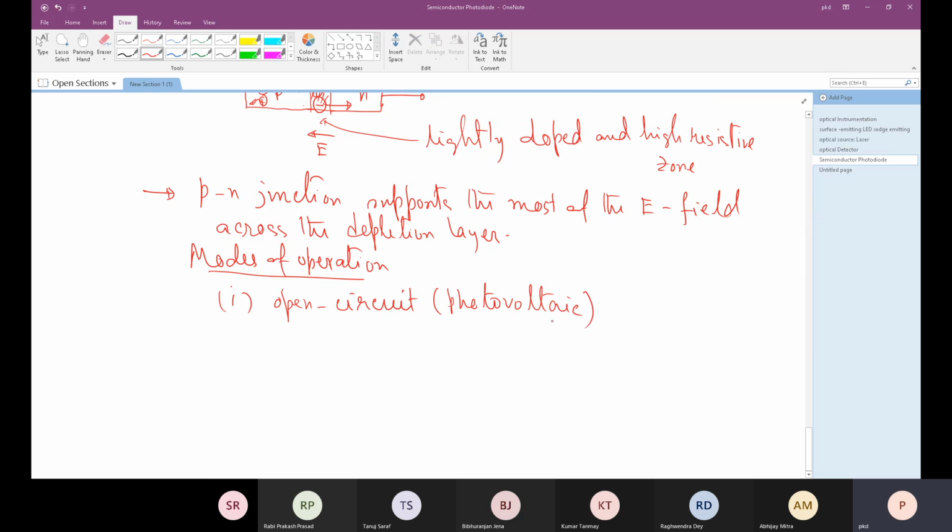So basically the photon induced carrier will give rise to a potential difference. So that way it gives rise to a current if we connect some load across it. Then short circuit mode, where current is measured.